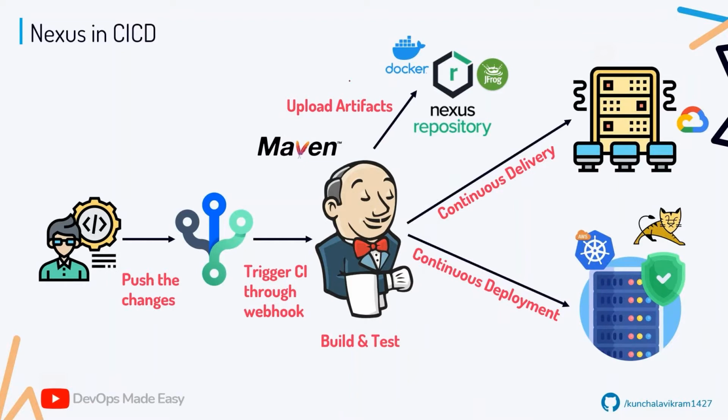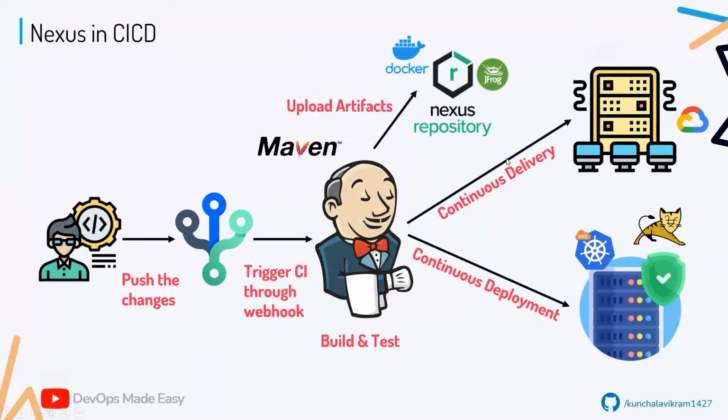Harbor is one repository. Okay, it will store only Docker images. Or else if you directly want to store in Docker Hub, you can directly push it to the Docker Hub. But any generic artifacts like war files, jar files, tar files, ISO, IMG, you should definitely go for Nexus or either JFrog repository. Okay, then only you should go to the other stages like continuous deployment and continuous delivery.